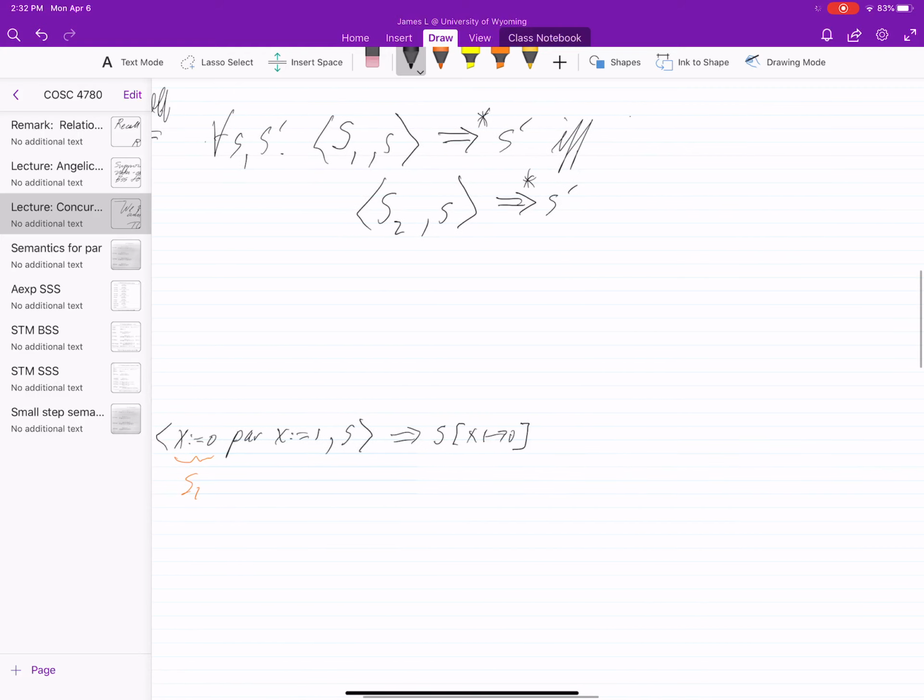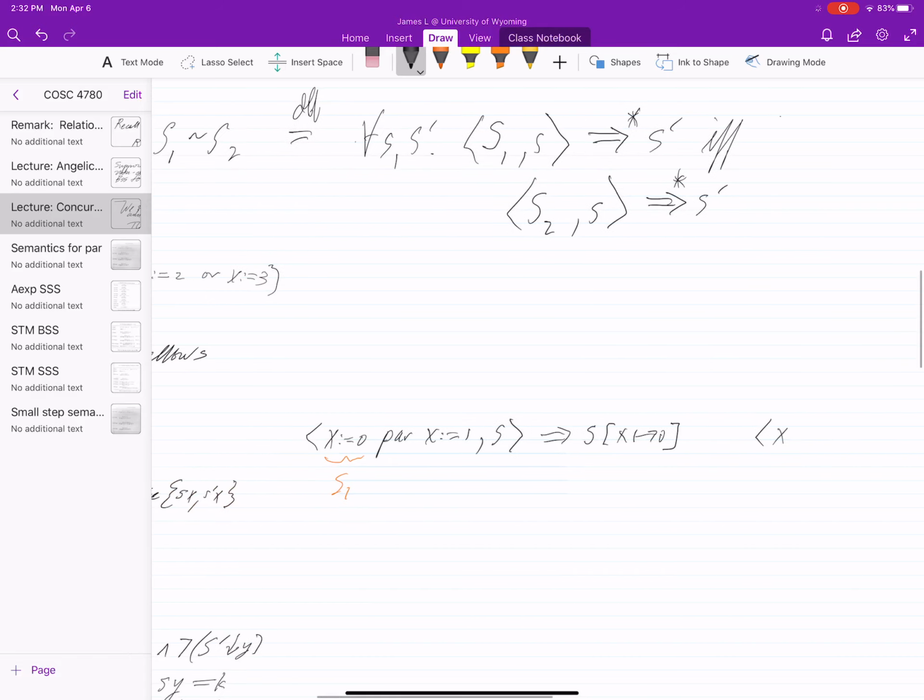I'm trying to build a little proof tree here to show you how this rule would work, X gets the value of 0, par X gets the value of 1, comma S, and what would that evaluate to?